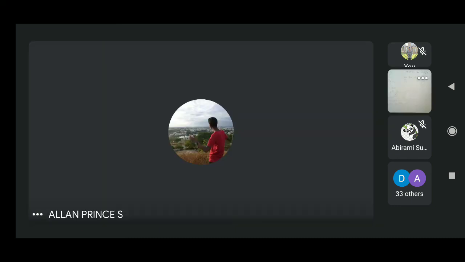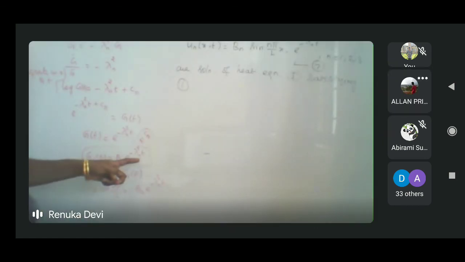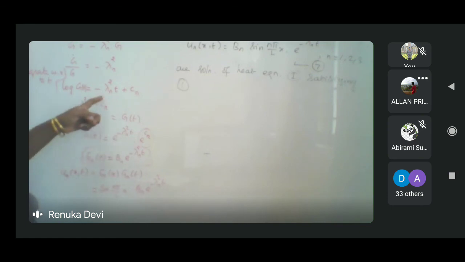Ma'am, does bn change for every n? Bn changes for every n, because for every lambda n we have some constant that exists. For n varying, it is an integrating constant, so it may change.